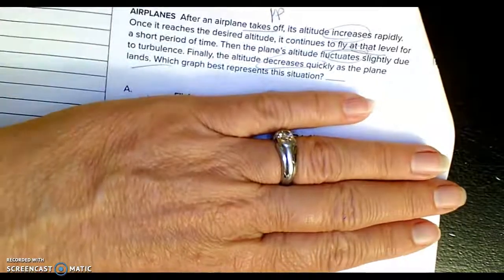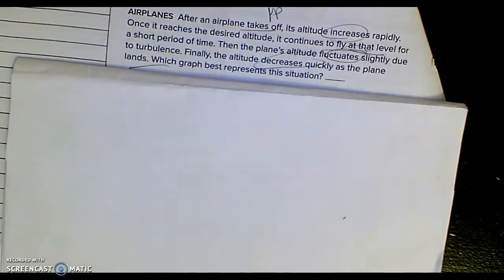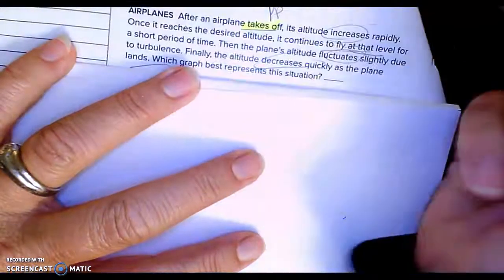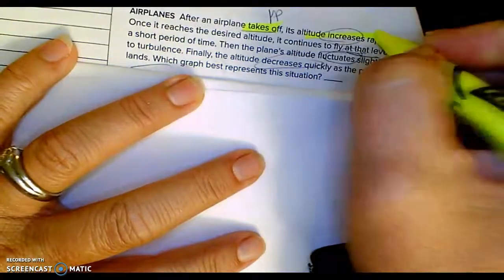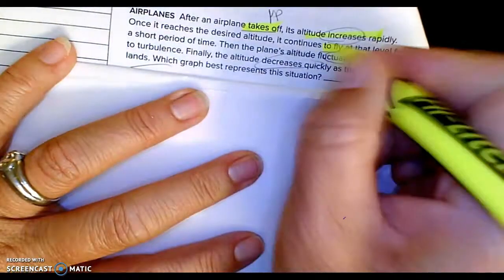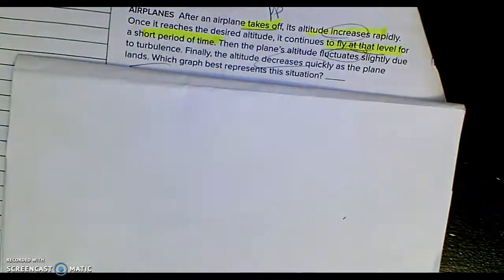Now, this problem right here deals with airplanes. After an airplane initially takes off, he's going to go hopefully up, right? Its altitude increases rapidly. Once it reaches its desired altitude, it flies at that level for a short period of time. It's not exactly at that level, but for all intents and purposes, it's going to be flying at a very consistent altitude.